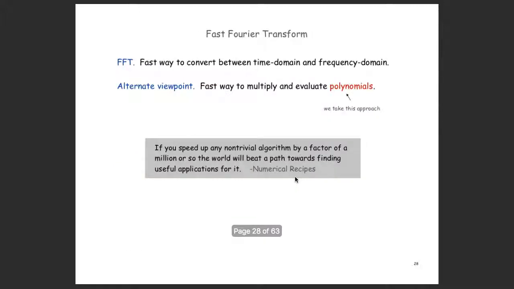The fast Fourier transform allows us to go between time domain and frequency domain in a much faster way than before. And it was amazing, partly because of computers, but partly because we got the fast Fourier transform that we can do all those sorts of things.